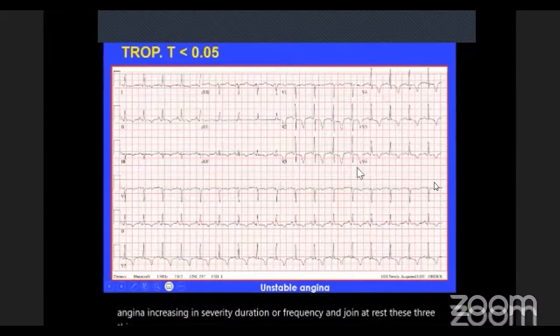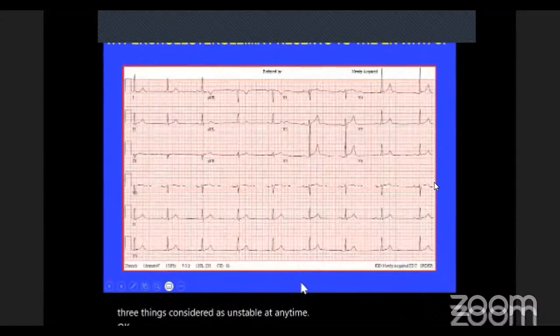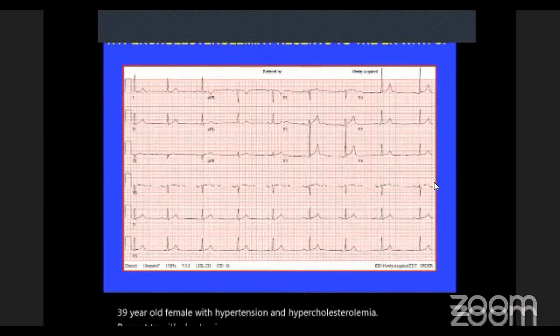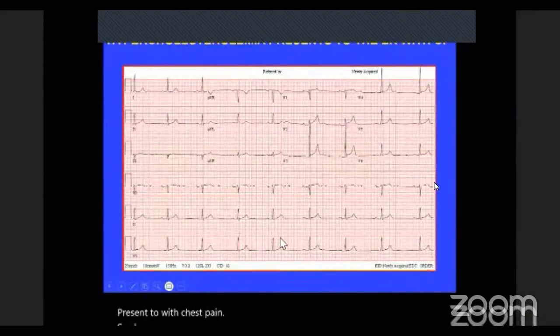Okay. 39-year-old female with hypertension and hypercholesterolemia, presents to the ER with chest pain. So she's bradycardic, right? She's in sinus bradycardia, actually.